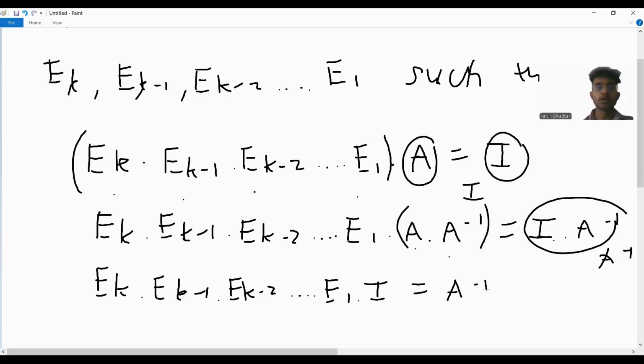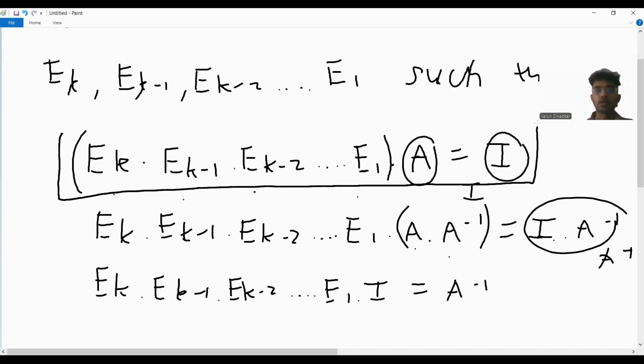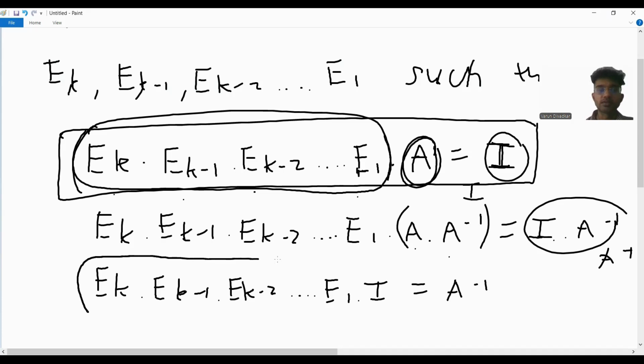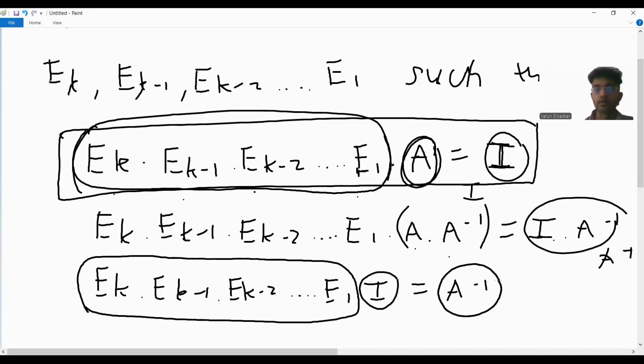So now you see, if you look at this situation here, you find out that a sequence of matrices from Ek to E1, if they can transform the matrix A to the matrix I, then the same set of matrices can transform the matrix I to A inverse, right? That's what it infers.